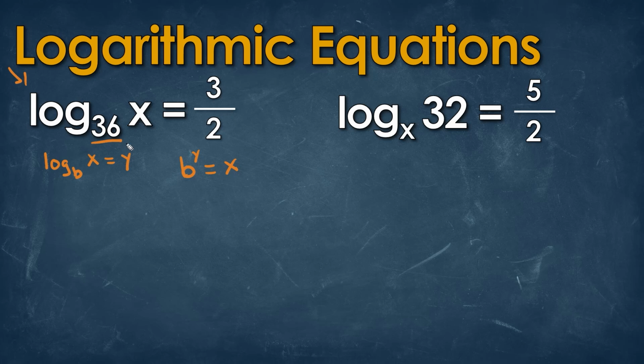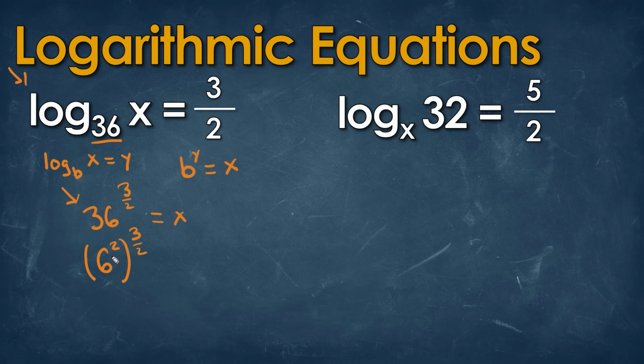So if we know that we have a base of 36, we would have 36 raised to the y, which would be 1/2, is equal to x. Now raising 36 to the first power and then figuring out the square root of that is a little bit difficult. But if you ever see something in terms of a square, meaning that 36 is the same as 6 raised to the second power, we can use that information to help us solve the problem.